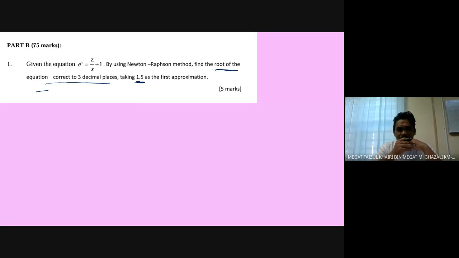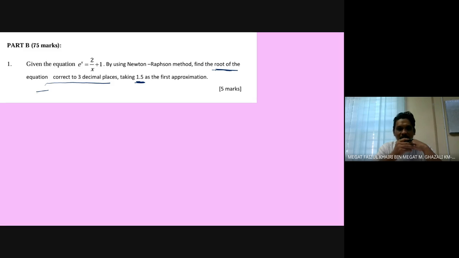In this situation, the question already gives you the first value of x naught, the first approximation, which means that you are not allowed to use any values of x besides 1.5. Meaning, if you begin the process with 1.3, 1.4, 1.6, 1.7, yes, you will get the same answer, the exact value, the correct answer.